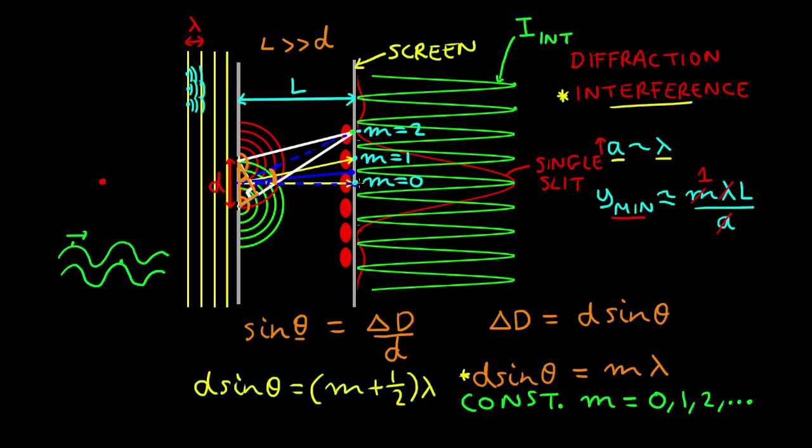So when m equals 0, we get a half lambda, which refers to the location of the first minimum between those two bright fringes. And when m equals 1, we get 1.5 lambda, so that gives the next dark fringe, and so on. So this formula here is for destructive interference, where we use the same m indices.